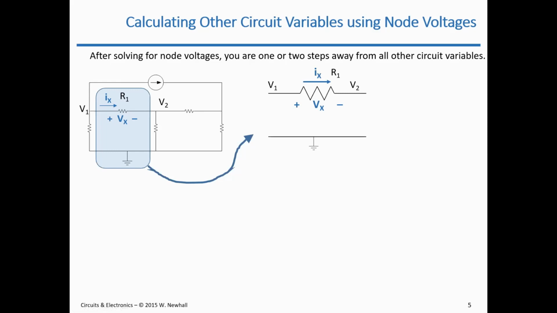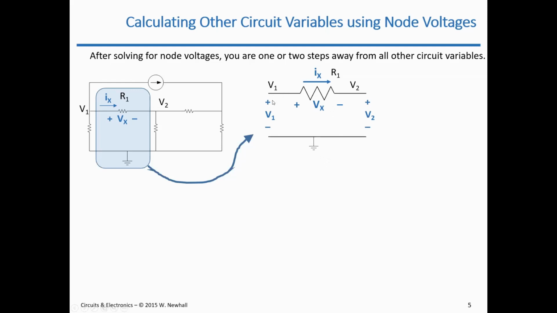And so what I want to do is figure out what Vx is, because if I know Vx, then I can figure out what Ix is from Ohm's law, Vx and R1, right? Let's use Kirchhoff's voltage law to figure out what Vx is.